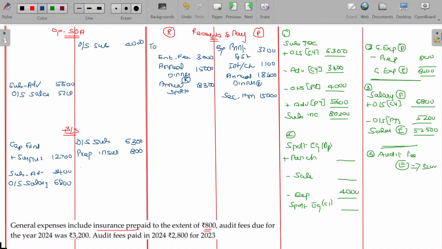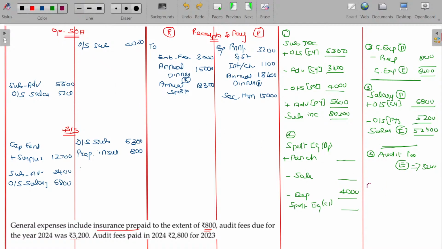Audit fees due for the year 24 was 3,200. For the current year, it is pending. Audit fee paid in 2024, 2,800, is for 2023. Can you guess this answer? Audit fee. This one is the unique one.